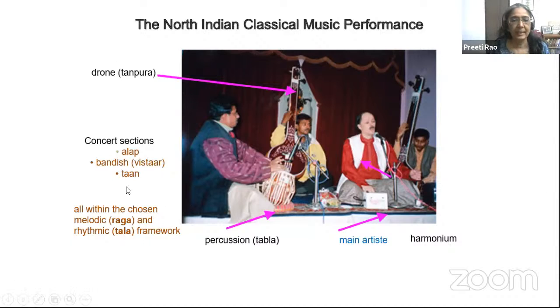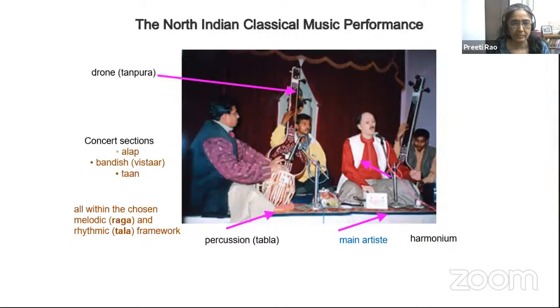The concert itself can be a fairly long drawn affair. It has several sections that the artist progresses through, and of course all of this occurs within a framework. So the artist chooses a raga and a tala, and sings different pieces in each of the chosen raga and tala.